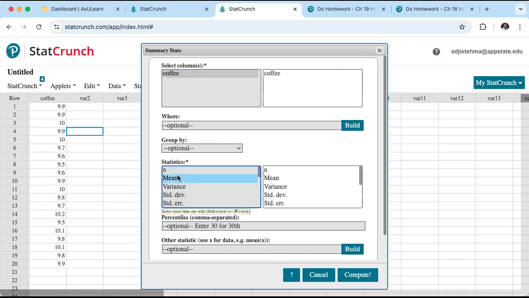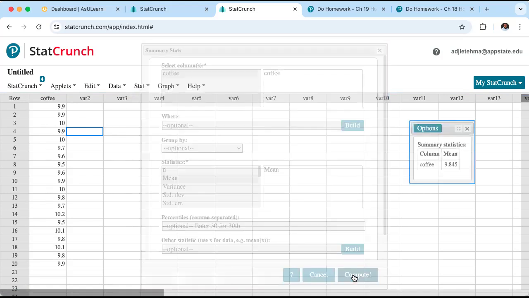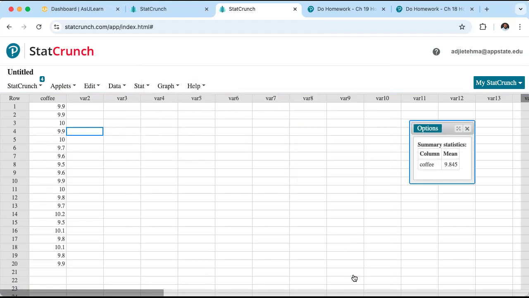I just want the mean, so I click on the mean here and hit compute. So the sample mean is x bar equals 9.845. That is the sample mean, so write that down.